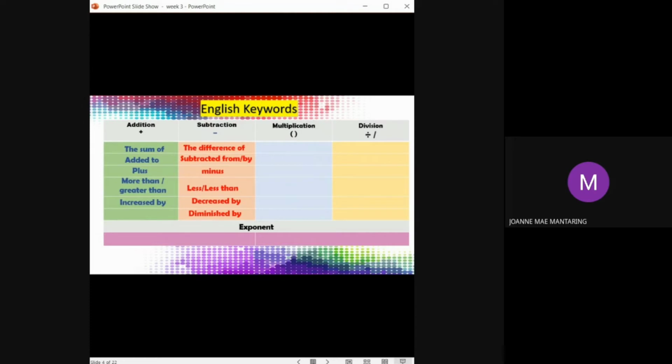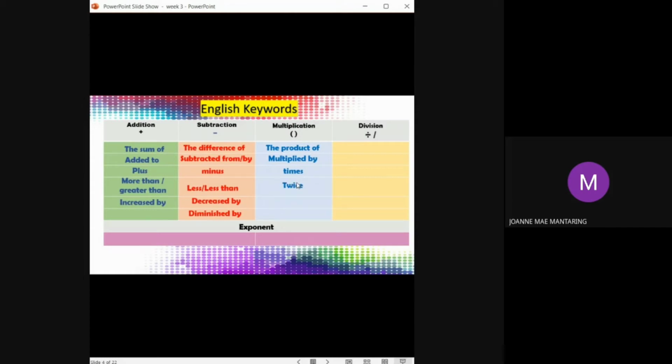Instead, ginagamit po natin itong open and close parenthesis as a symbol of multiplication. So, ano po ba yung mga keywords that we use in multiplication? So, we have the product of, multiplied by. We also have times. Ayan, ito yung gamit na gamit, times.